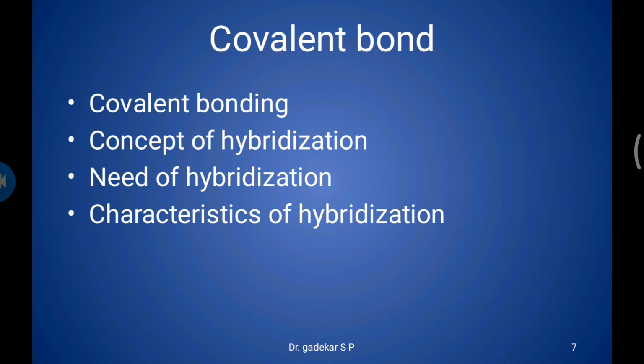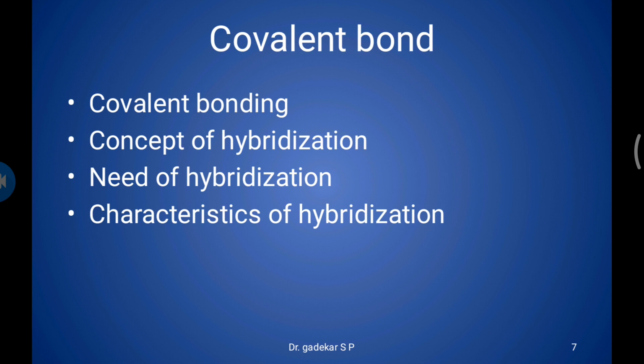Okay, so in the next lecture we discuss the covalent bond. Formation of a covalent bond is the overlap of atomic orbitals. So that's why formation of covalent bonds requires overlapping orbitals. These concepts are explained by the concept of hybridization, which we discuss in the next lecture.